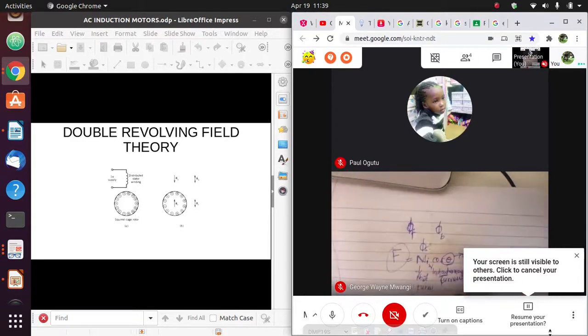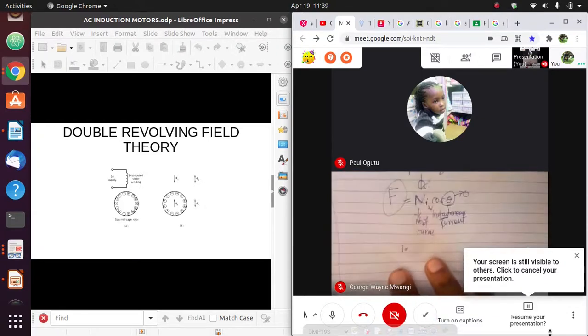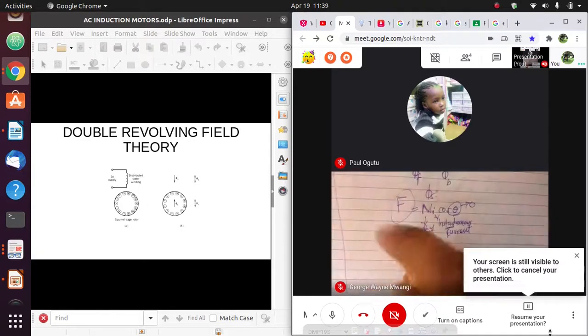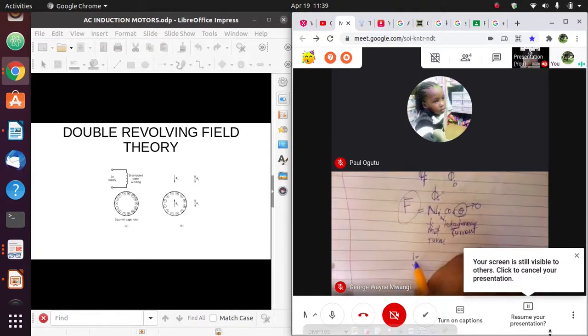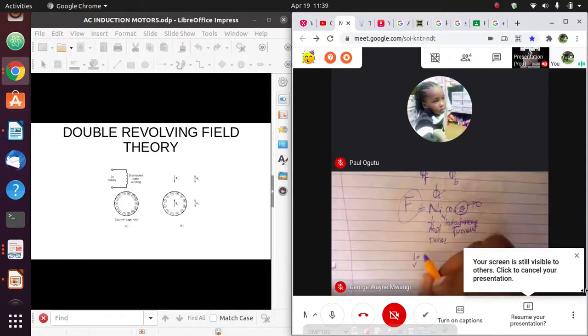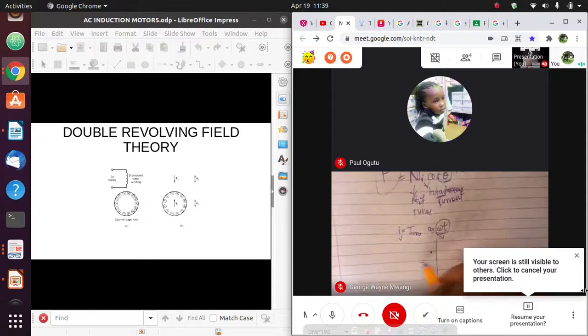Now let i be the equation of a sinusoidal value. If it were voltage it would be V, but now we are talking about current because we are talking about supply current. Let i equal I max times cos omega t. Cos omega t is the angle that the current will have rotated, or moved, with respect to time.